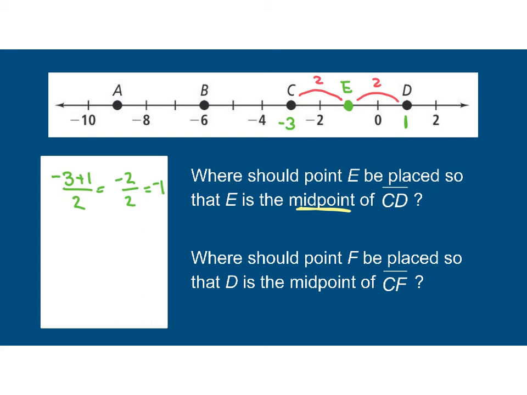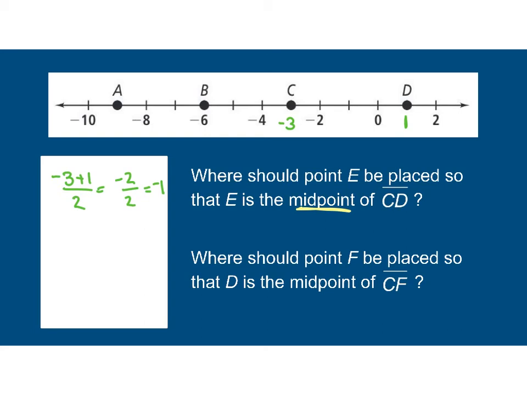Everything works out nicely. Now the second question is a little trickier. The second question is asking, where should point F be located so that D is the midpoint of CF?